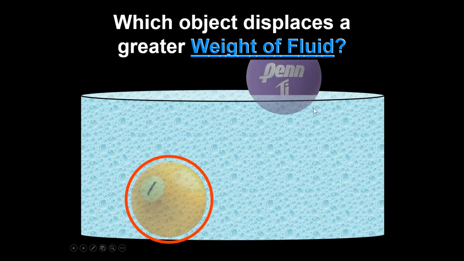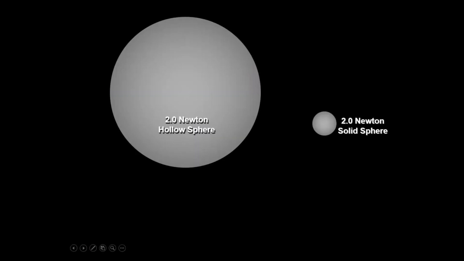So that little sliver there is what's being displaced. This one is displacing all of that material. And so this one displaces much more water than that. And that water is going to weigh more. So it has a larger buoyant force.